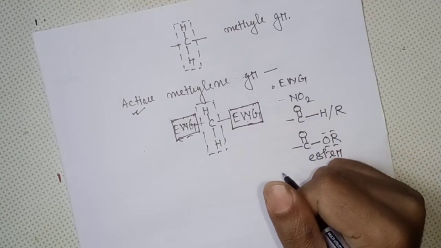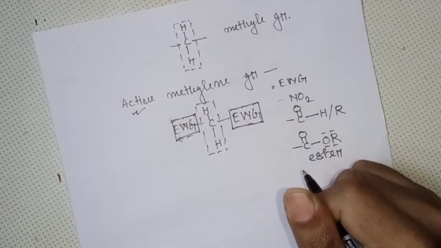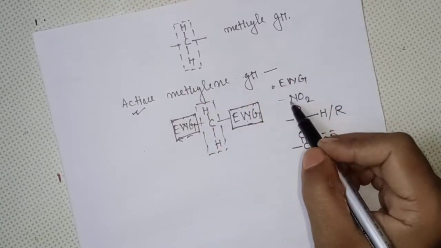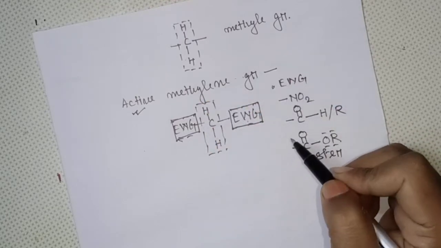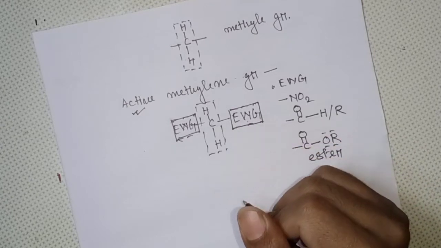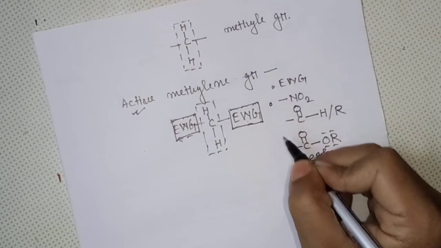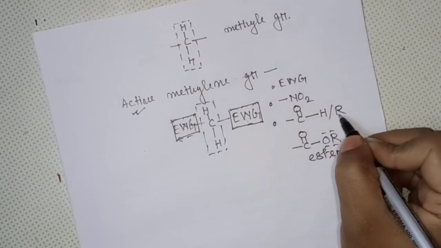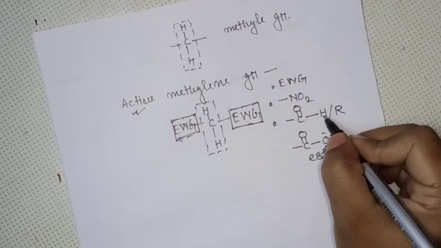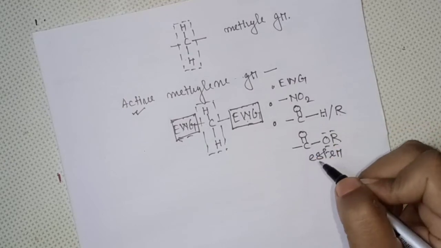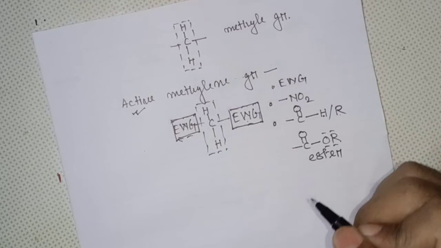Now the question is: what are the active groups that may be attached to the CH2 group? For example, if NO2 is attached to both sides, then it is called an active methylene group. Similarly, if it has an aldehyde or ketone: if it is hydrogen, then it will be an aldehyde. If it is an alkyl group, then it is called a ketone.